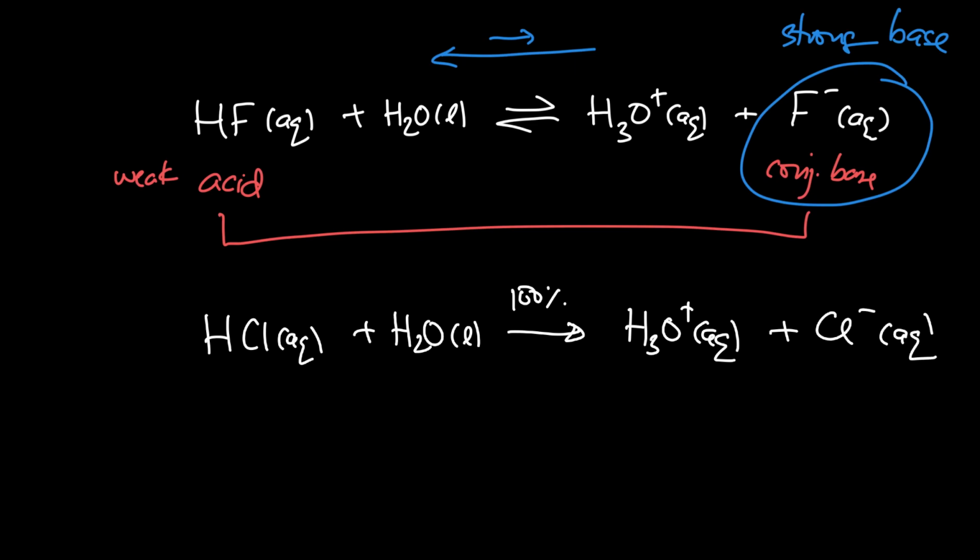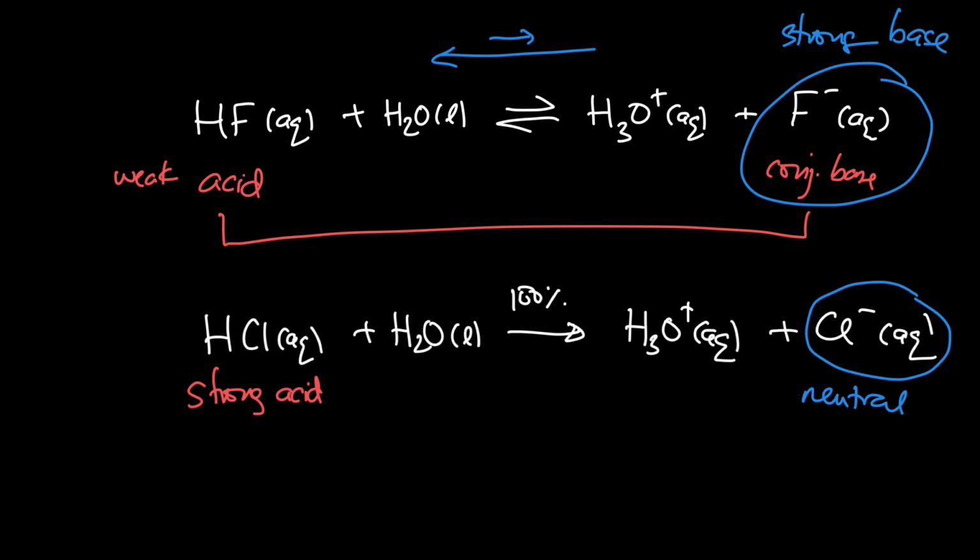Because this is a strong acid, there is just a forward reaction. There is no back reaction. So this thing here, although it may technically be a base, is not capable of accepting a proton at all from water, because otherwise it wouldn't be 100% breakdown. And so this is not a base at all. In fact, it is going to be completely neutral.